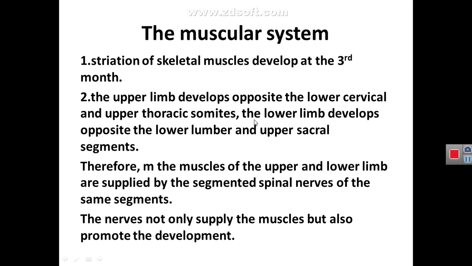And similarly, the muscles of the lower limb develop from the dermomyotome of the lower lumbar and upper sacral somites, and thus have nerves from adjacent spinal nerves, via the lumbosacral plexus. And actually, the nerve supply not only provides nerve impulses for the muscles, but also promotes the maturation of the muscles in the upper limb and lower limb and even into the trunk.